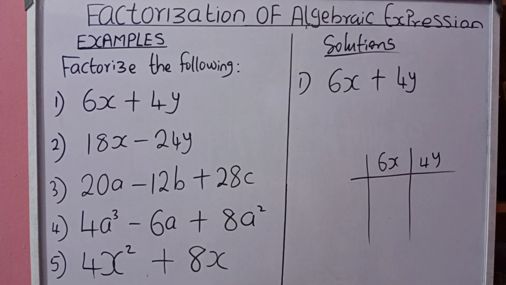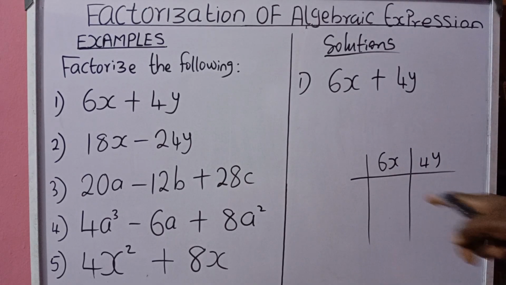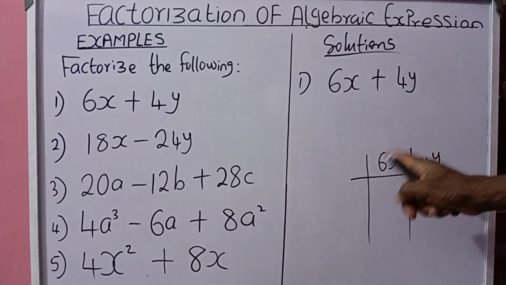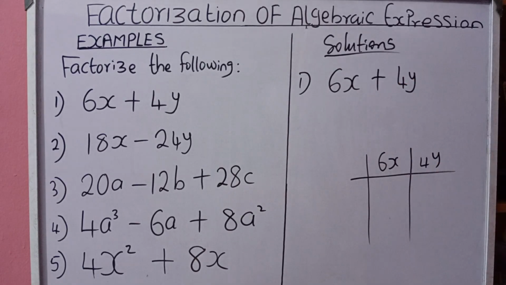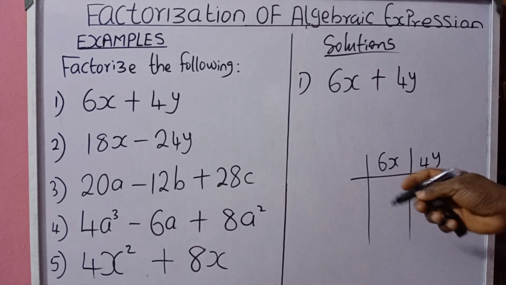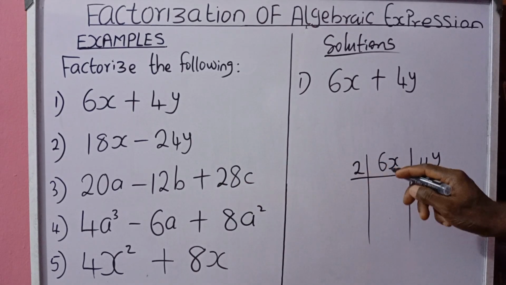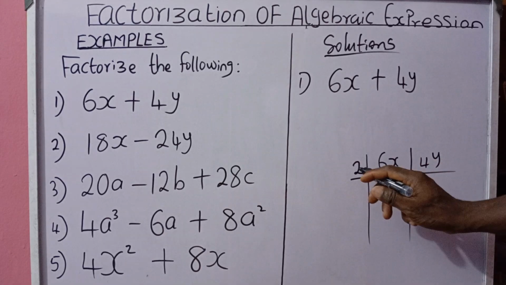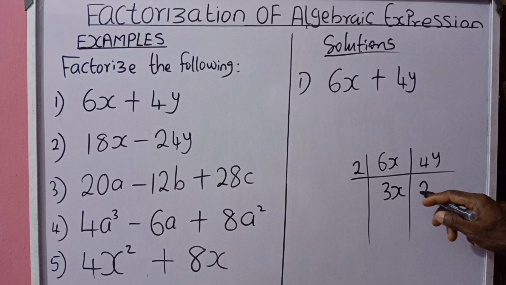And how do we get the HCF of two terms? We have to look for a number that divides both terms without remainder. Which number can divide 6 and 4 without remainder? Of course, the number is 2. 2 divided into 6x will give us 3x. 2 divided into 4y will give us 2y.